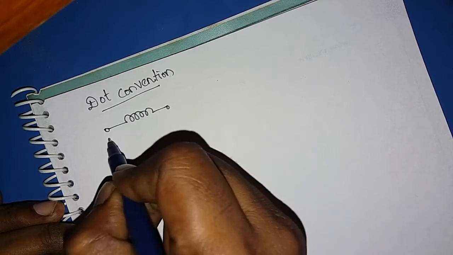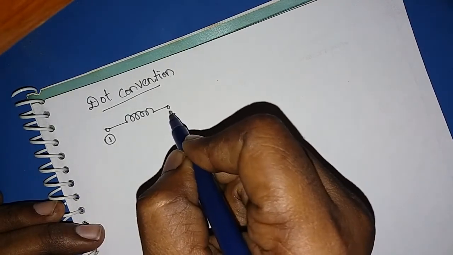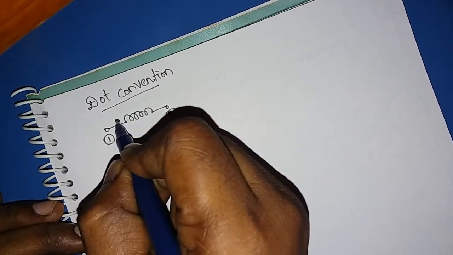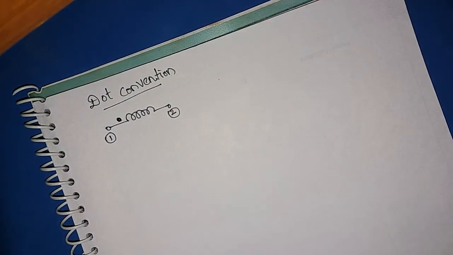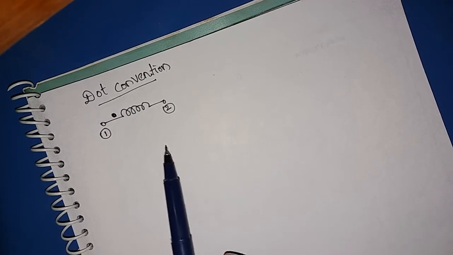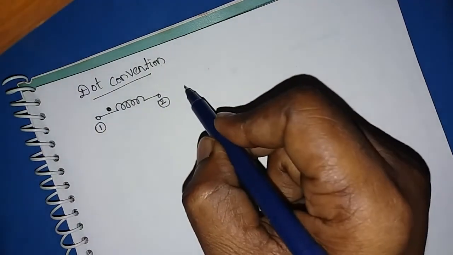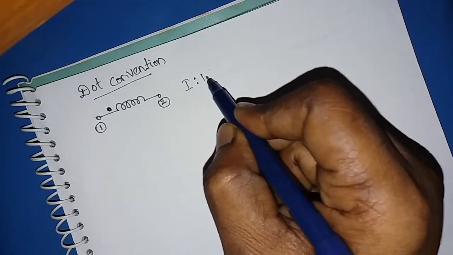That means I have the dot like this. This is one coil. I put the two terminals as 1 and 2. This is the dot I placed here. So my understanding, as some textbooks write, is that the current flows from 1 to 2 like this. That is, I flows from 1 to 2.